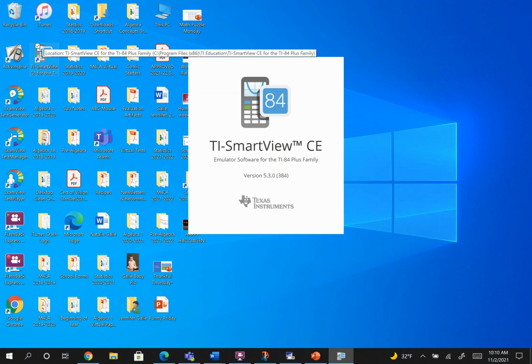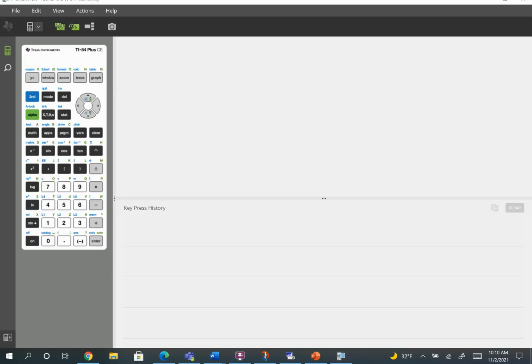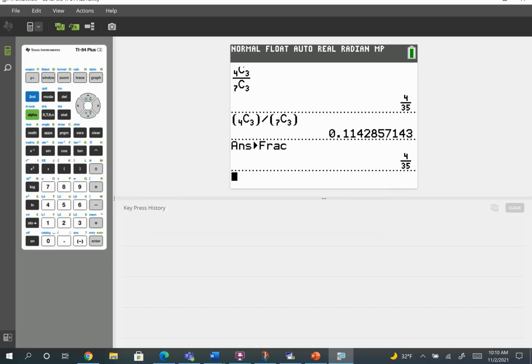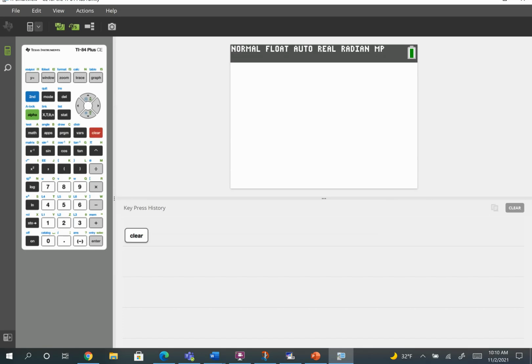Once you see some of these shortcuts, this might sway you to try to find your graphing calculator that you used in Algebra 2.